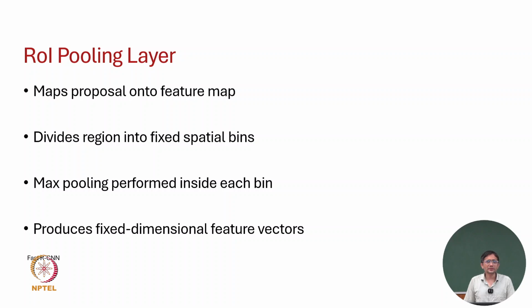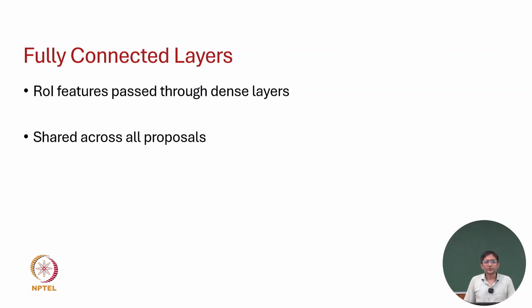Once we have the fixed dimensional feature vector, it's quite straightforward. We can process it using fully connected layers, and these are shared, of course, by all the proposals.